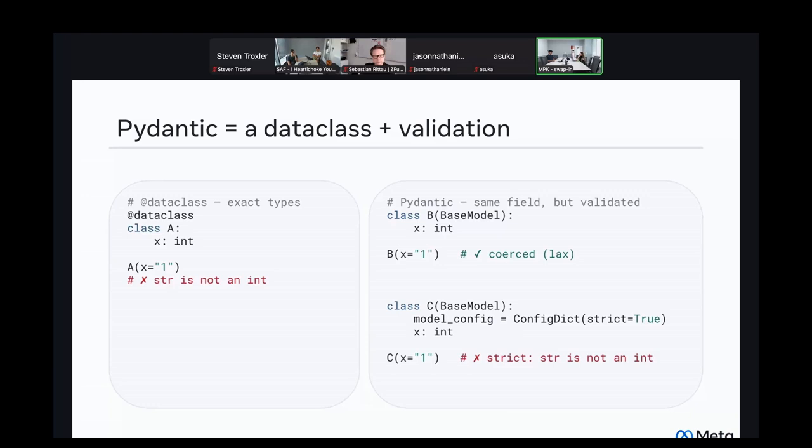What we did is, this is data class code, or it will act like data class code, so we process it as such in Pyrefly, seeing that base model was a data class transform. Then what we do with this strict keyword is we lift it to become a data class keyword, and then we turn it on by default for data classes and off by default for Pydantic. So that's how we do the support.